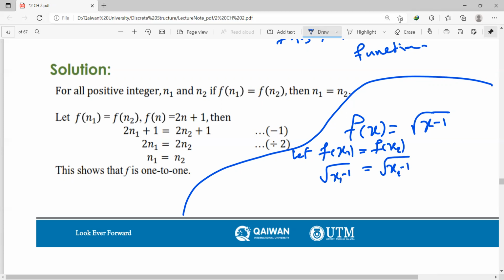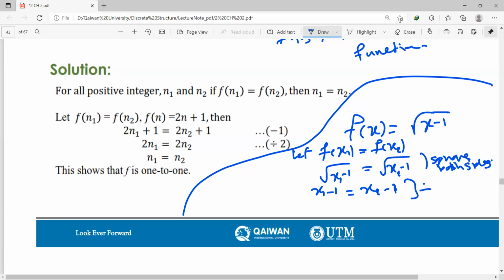Here, in both sides we have square roots. We can square both sides. Squaring both sides, what do we get in the left? x1 minus 1 equals, in the right, we get x2 minus 1.